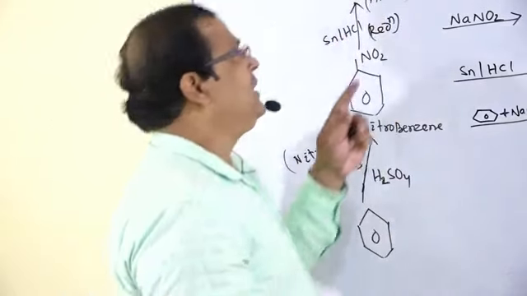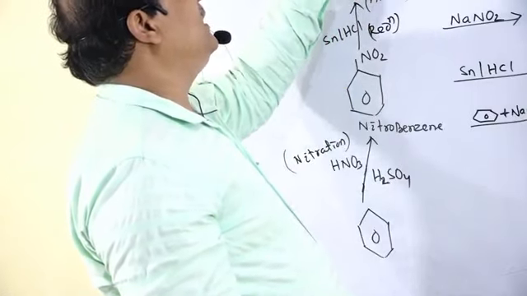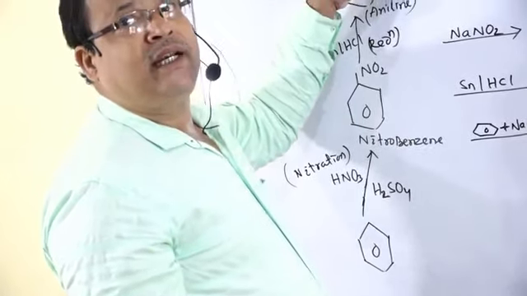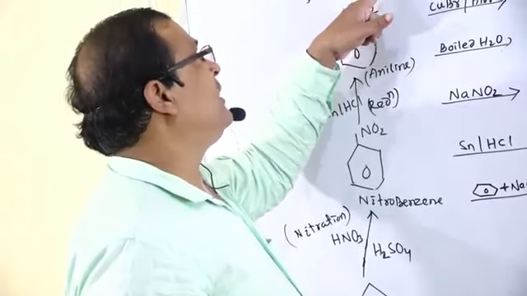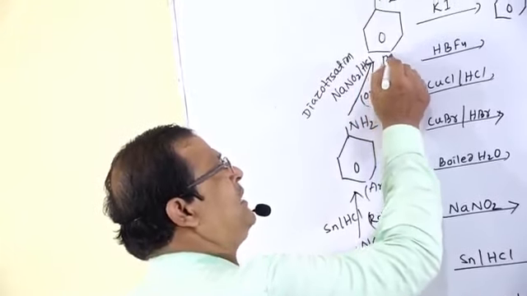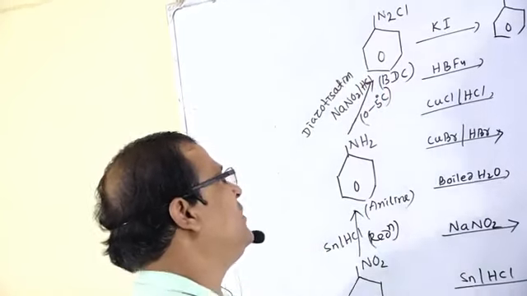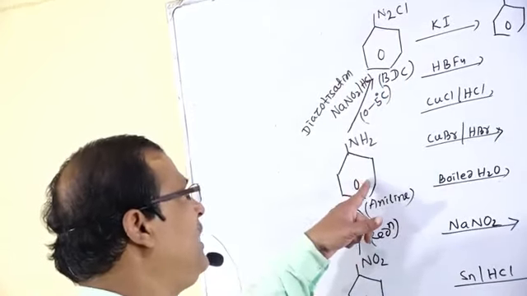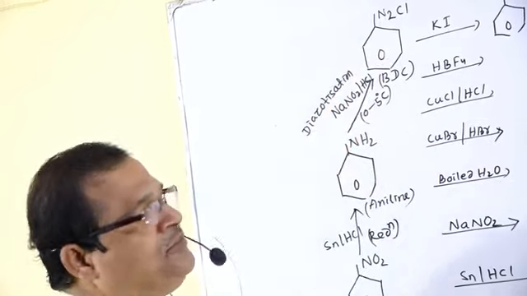Next, aniline is treated with NaNO2 and HCl at about 0 to 5 degrees centigrade, that is 273 Kelvin to 278 Kelvin. There is the formation of BDC, benzene diazonium chloride. So the conversion of aniline to BDC is known as diazotization.